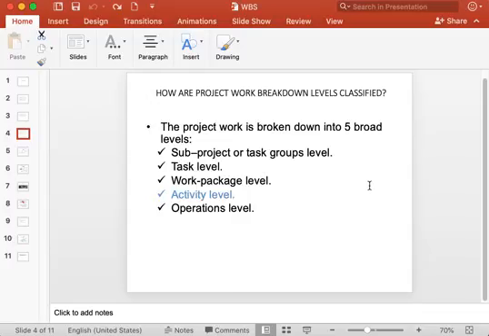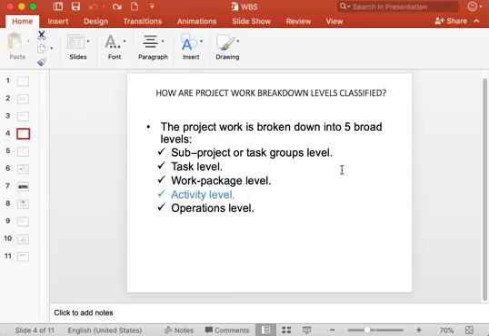Now, according to this method, the project work can be broken down into 5 broad hierarchical levels.